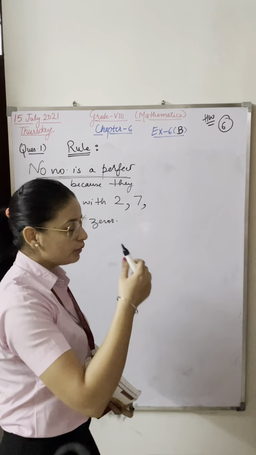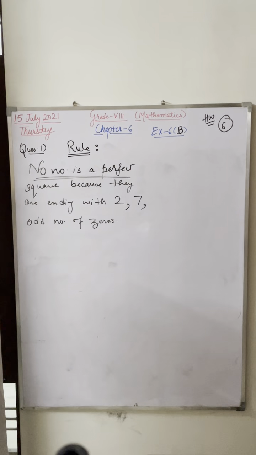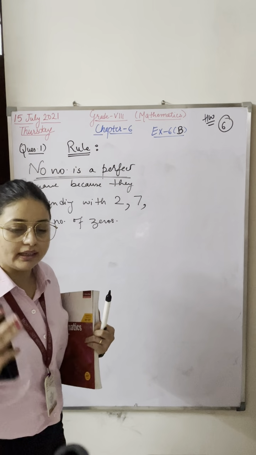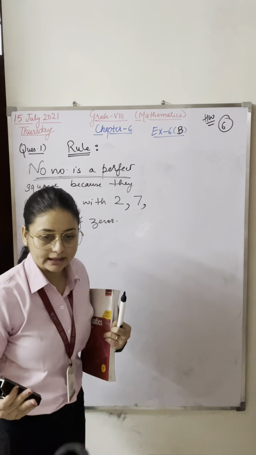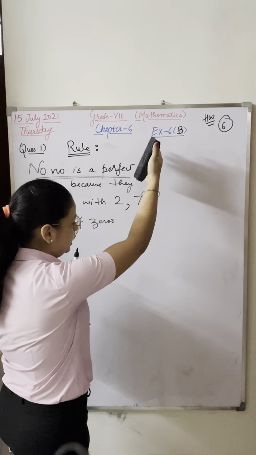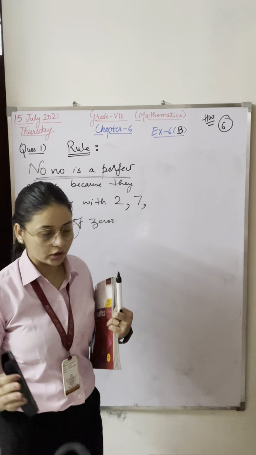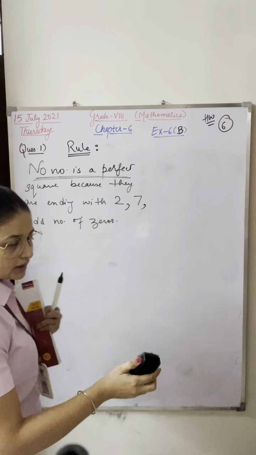Right, so we'll do with the questions. I'm going to start the other questions, because if in the beginning I tell you all the rules, you will get confused. Seriously, you will get confused. If I tell you 10 rules here, you will understand, but you will forget. We'll do side by side with the questions.